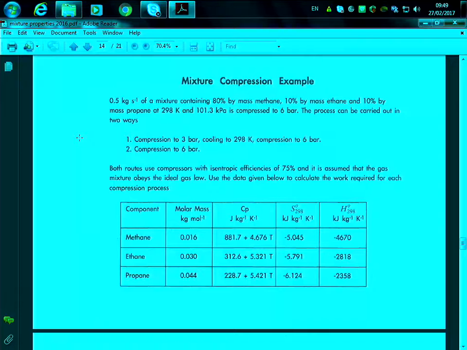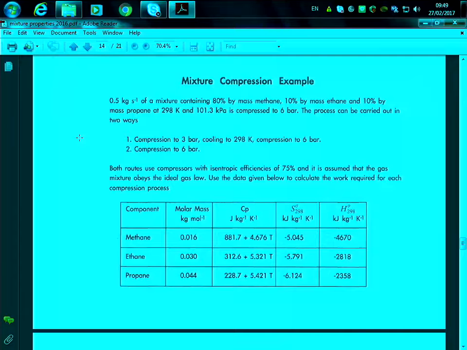We'll follow the same procedure if we have a compressor getting a mixture. The only thing that will change is basically calculating the enthalpy and the entropy at the beginning of the mixture. Right? So you will perform this calculation the same way, but you will have to do the enthalpy and entropy of the mixture.